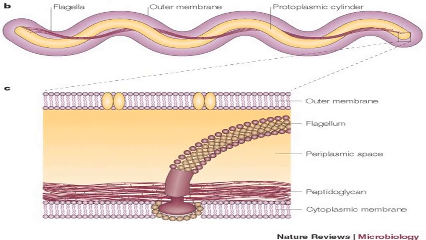This is another figure that shows the axial filament, and the second one shows the flagellum, which arises from the plasma membrane in the periplasmic space between the outer membrane and the cell membrane.